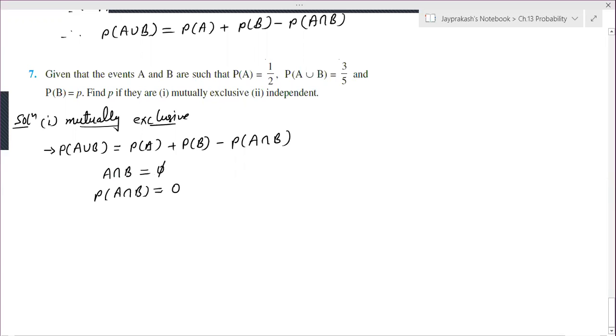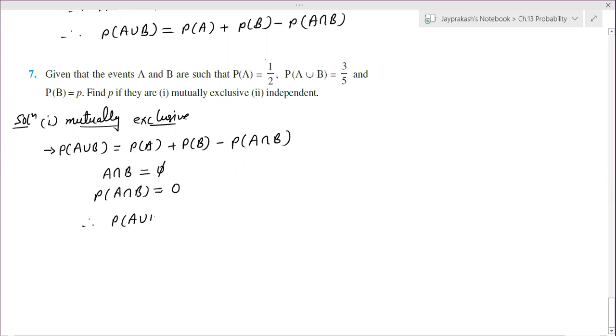Now just substitute all the values. So now we have P of A plus P of B, and we are neglecting the last term because the intersection is 0.